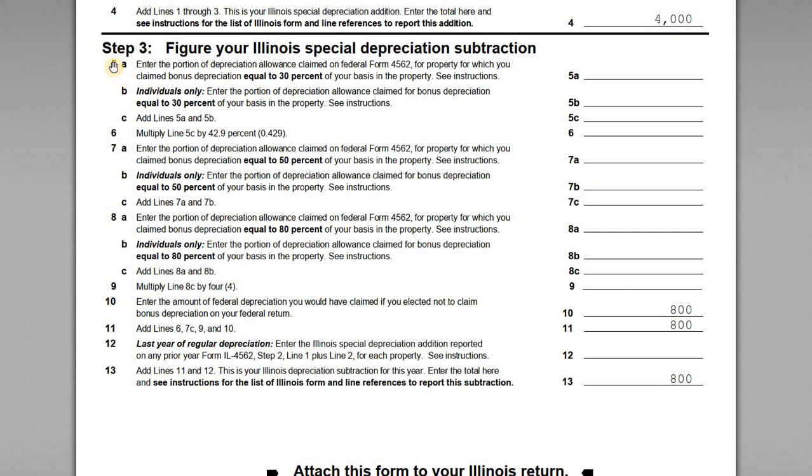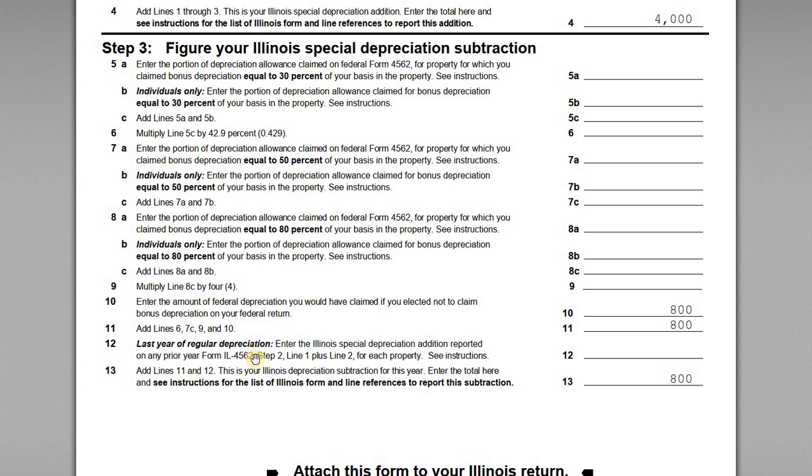So step 3, line items 5, 7, and 8 are used if you claimed bonus depreciation at either a 30, 50, or 80% rate. If you claimed 100% bonus depreciation, like we did for this property, we would use line 10. So line 10, it asks us enter the amount of federal depreciation you would have claimed if you elected not to claim the bonus depreciation on your federal return.